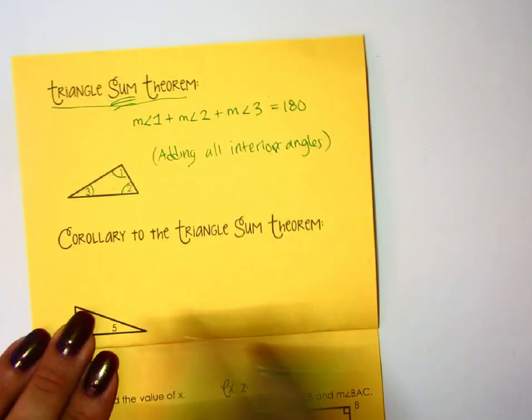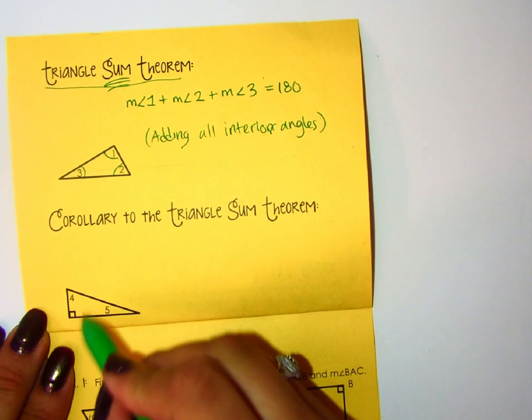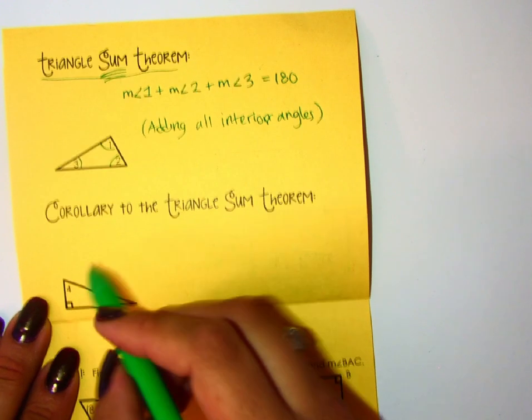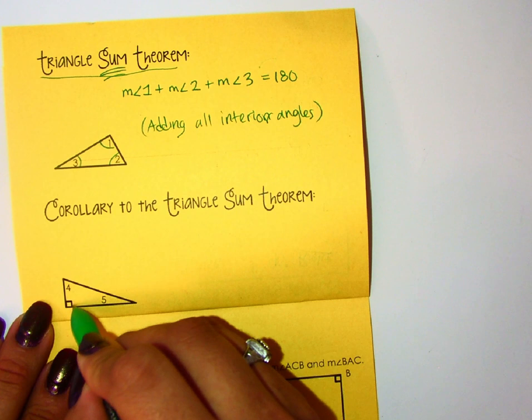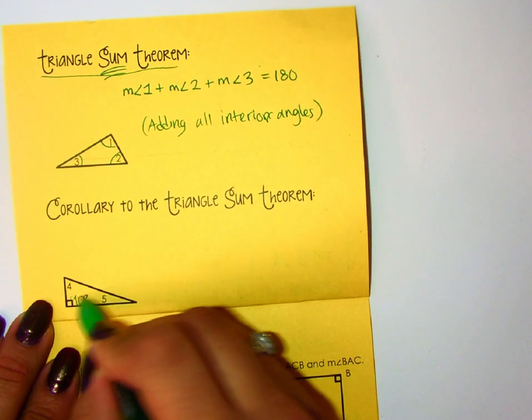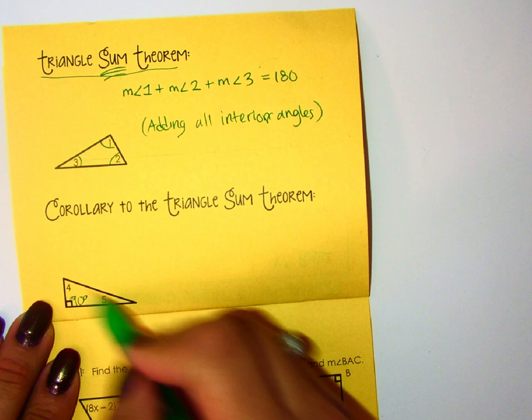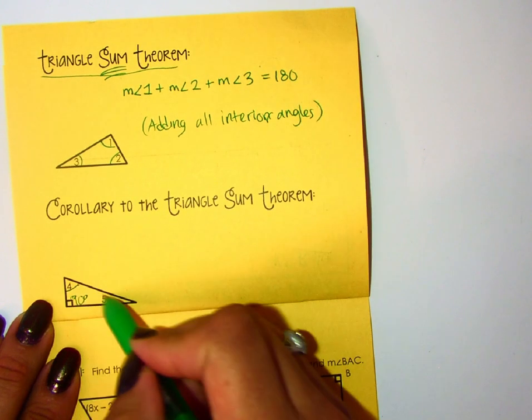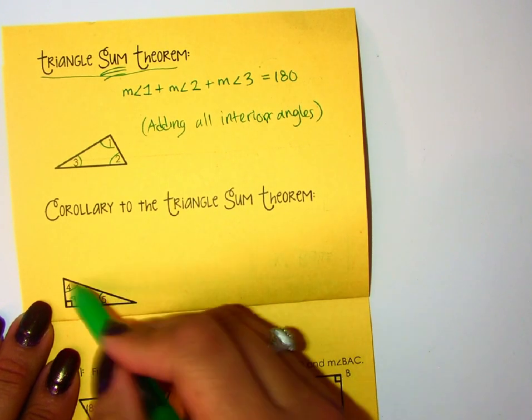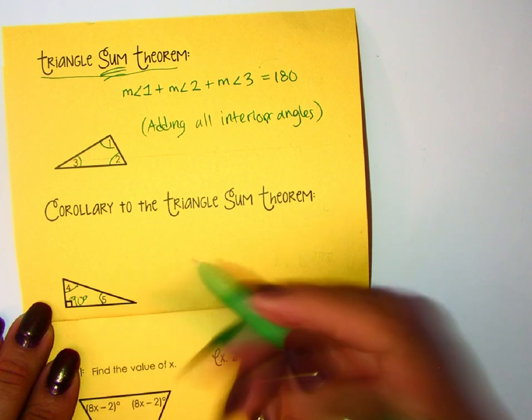The next part is understanding that if that is true, if the inside angles equal 180 when you add them, this right here is a 90 degree already. So in order for all of this to be 180, that means that these two angles have to also equal 90 because 90 plus 90 is 180.